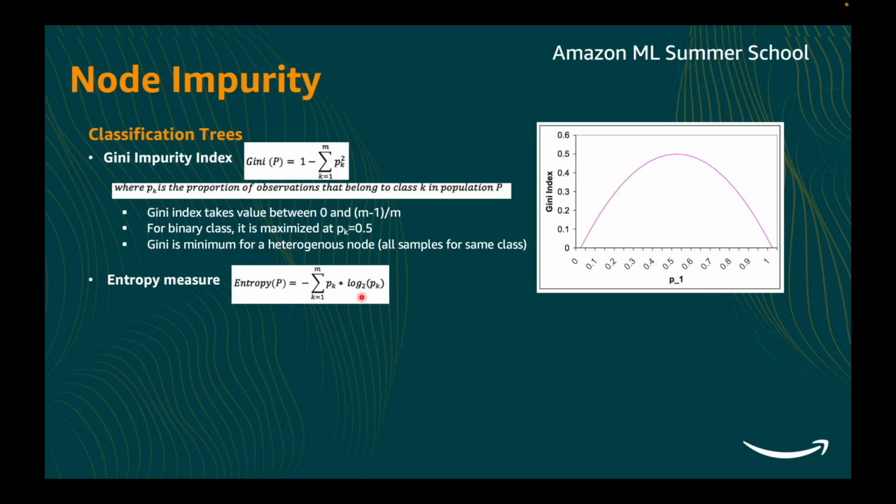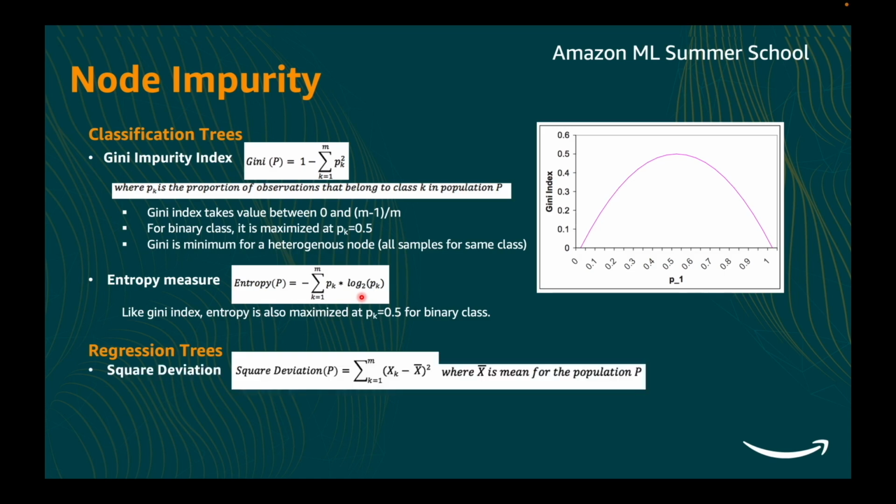This is used, like I mentioned before, to determine how to split these, and which is the best split. So these are for classification trees. For regression trees, you can use squared deviation, where you take each value, subtract the mean, and square it. This is basically your squared error, right? And you do this for each node very similarly to how you calculate your Gini impurity.